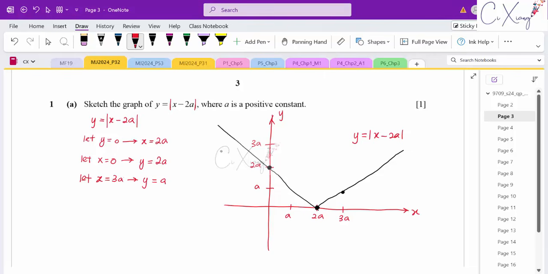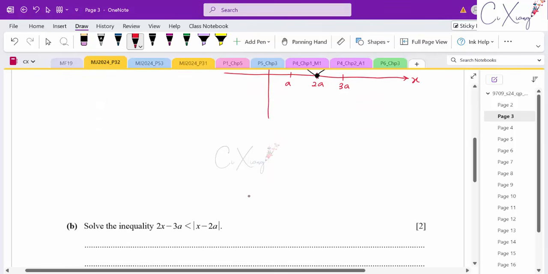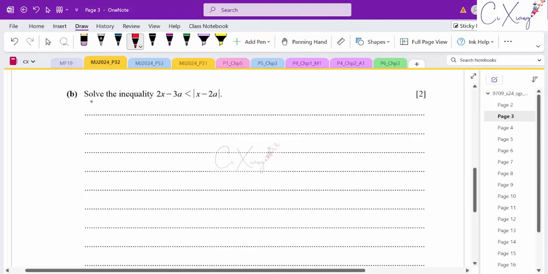Okay, then let's have a look at part B. For part B, they want us to solve this inequality. Again, there are a lot of different methods that you can use. For me, usually I try to find the intersection points first for these two graphs.